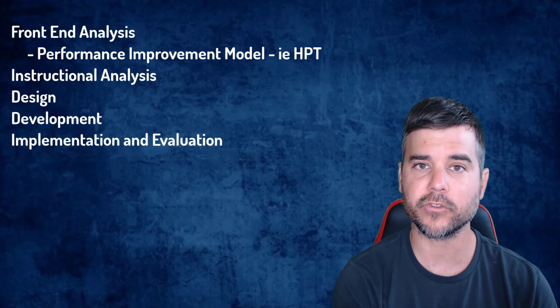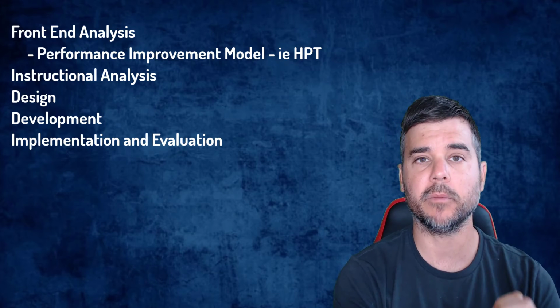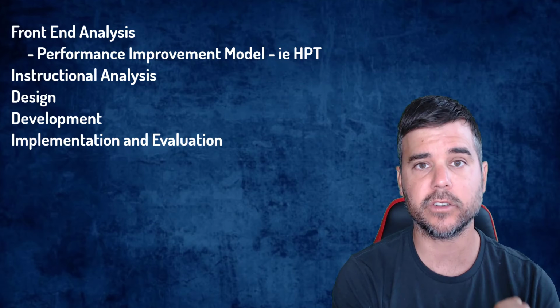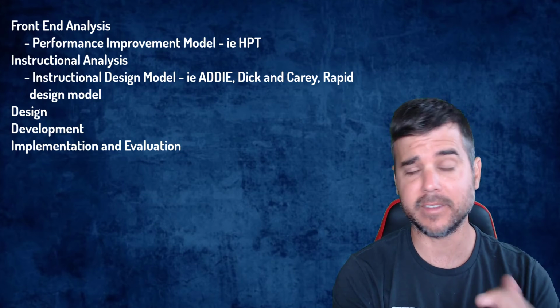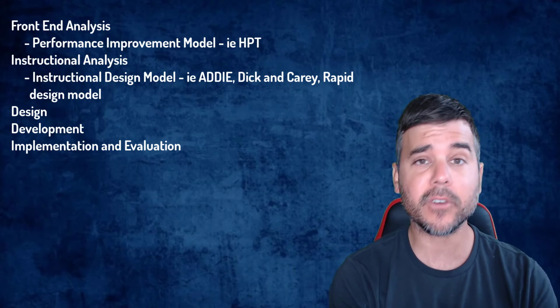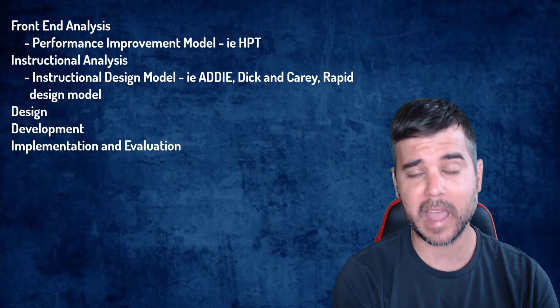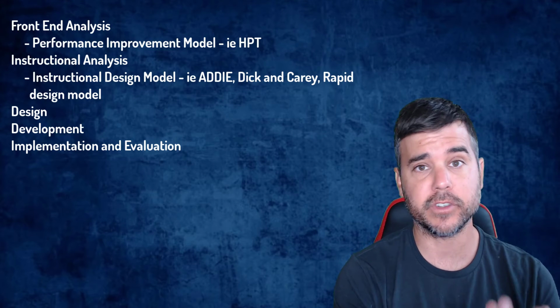We move on to our instructional design, right? So as soon as we know it's a training problem, we select an instructional design model, whether that's generic ADDIE, whether that's Dick and Carey, whether that's some kind of rapid model, or whatever it happens to be that we want to choose that day for that project, whatever works. We choose our instructional design model.